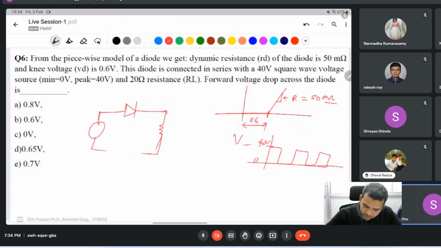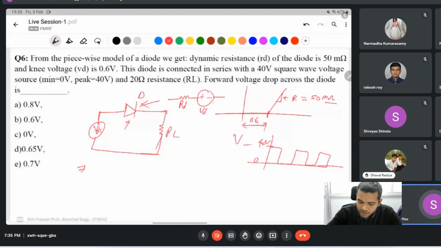So the diode is in an RL circuit. In the on condition, the diode is replaced by the resistance RD plus a voltage VD, which is the diode cutoff voltage, the forward voltage. This is the symbol of the diode. In the on condition, it is replaced by RD and VD.